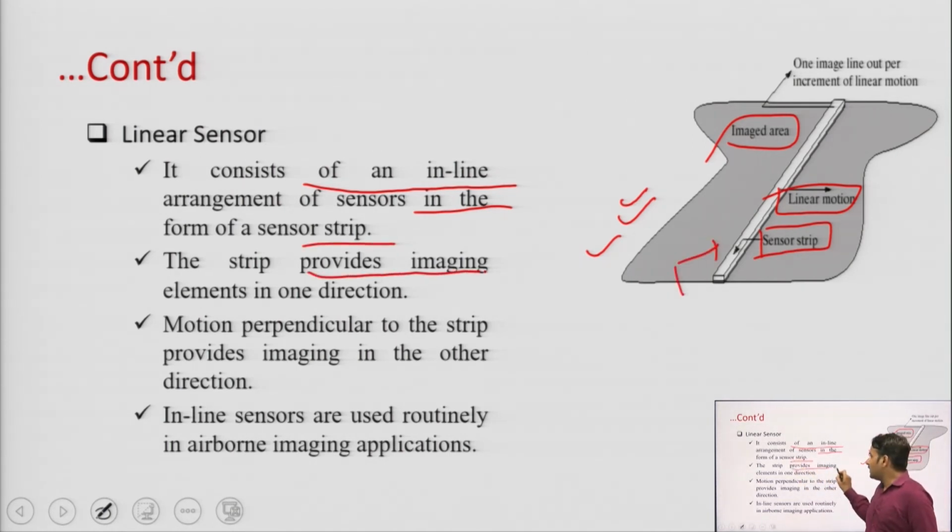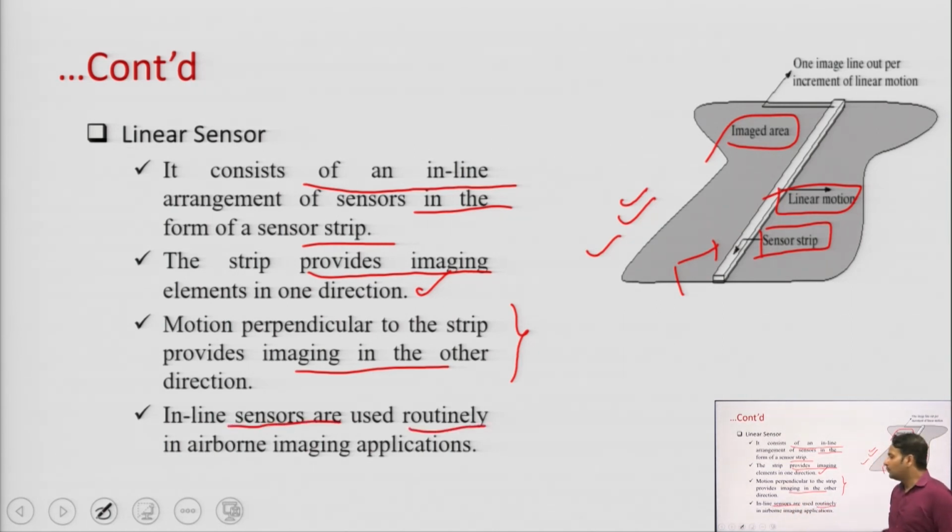The strip provides imaging elements in one direction and the motion perpendicular to the strip provides imaging in the other direction. Inline sensors are used routinely for airborne image applications. So, these are the applications you may observe related to the linear sensor.